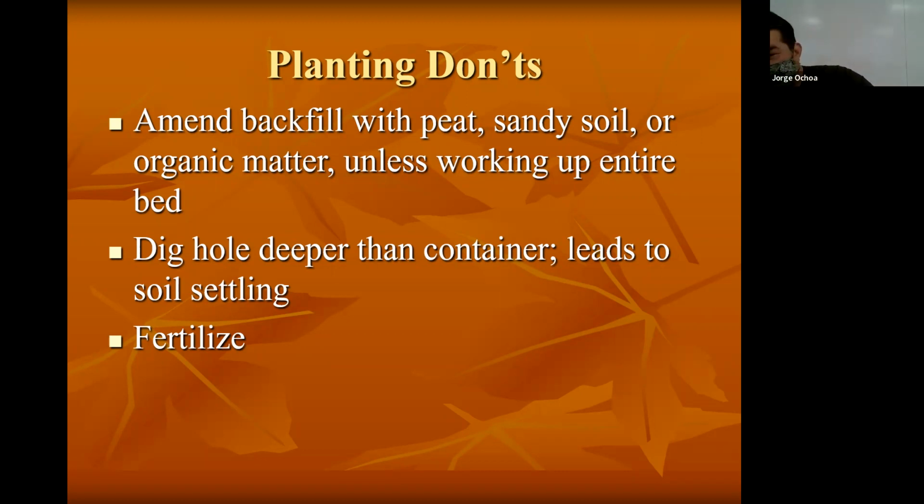What did you say about fertilizer? Do not use fertilizers after you plant, or after initial planting. Not necessary. A fertilizing regime needs to start when the plants are established or establishing. So don't do it before that. No, don't add fertilizer after you put your plants in the ground.